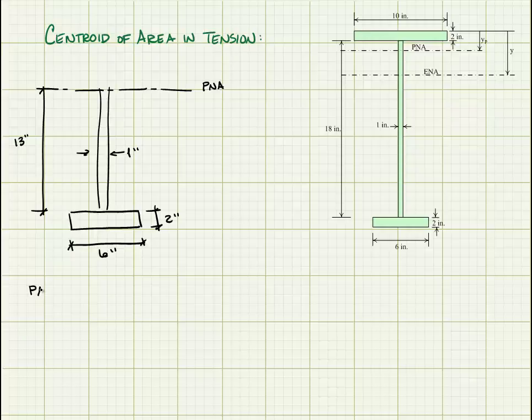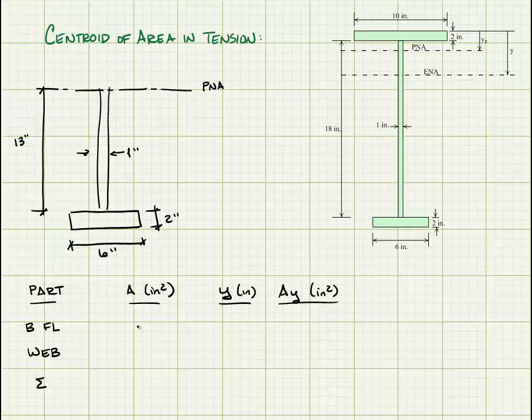So once again, I'm going to make a table. I'm going to use the same column headings: part, area, y, and area times y. And now the pieces that I'm calculating this for are the bottom flange, the web, and I'm going to have to calculate the sum of the area and of AY.